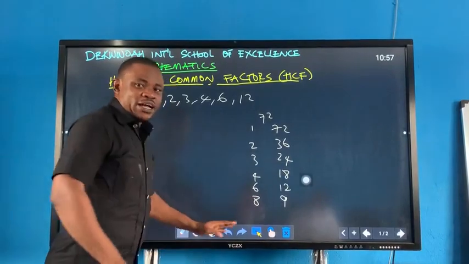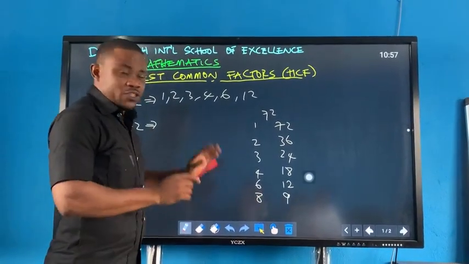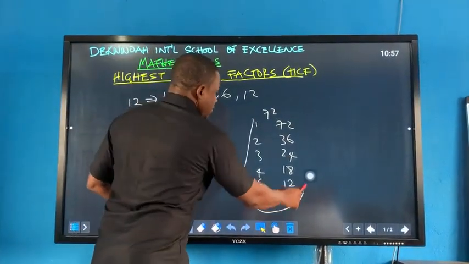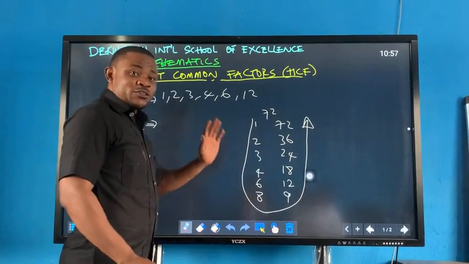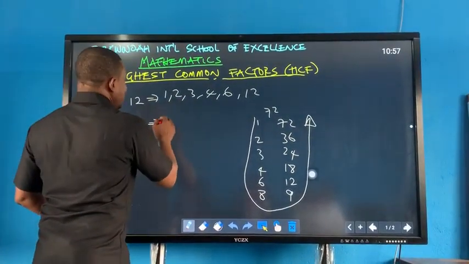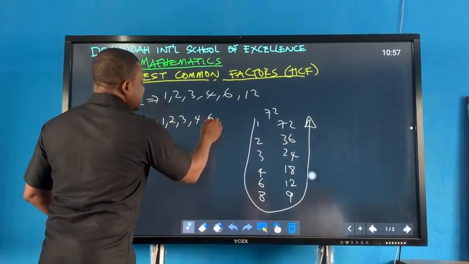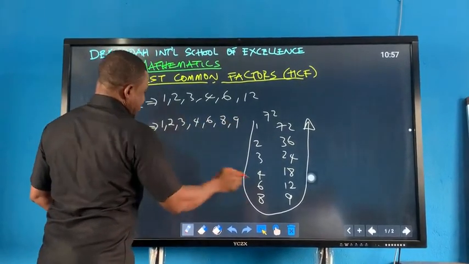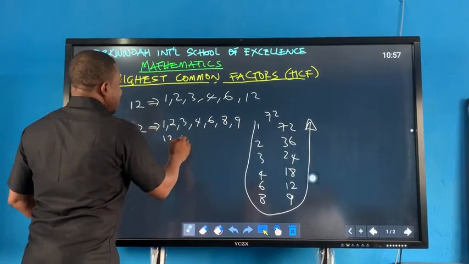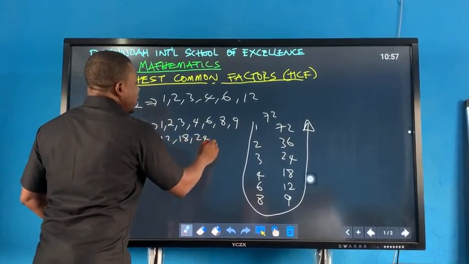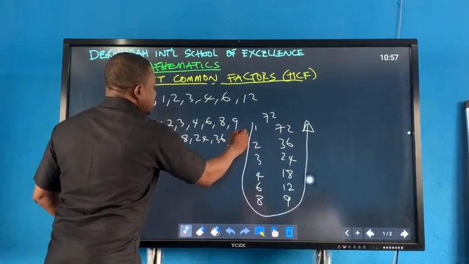So after 8, what do I have? 9. 9 is already there, so I stop. If I take it all the way, I will have all the factors of 72. So I have 1, 2, 3, 4, 6, 8, 9, 12, 18, 24, 36, and 72.